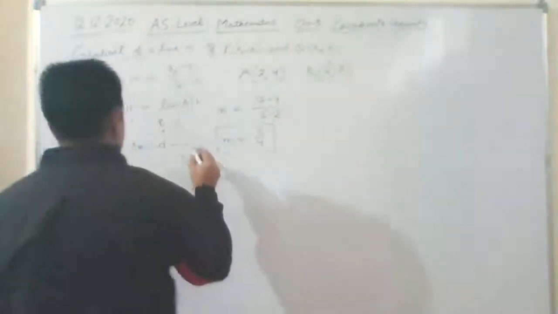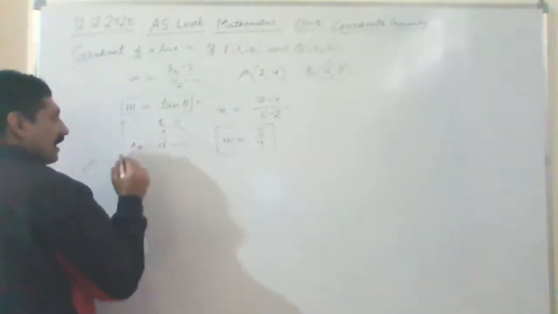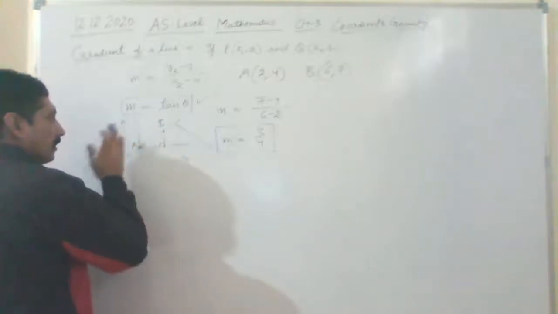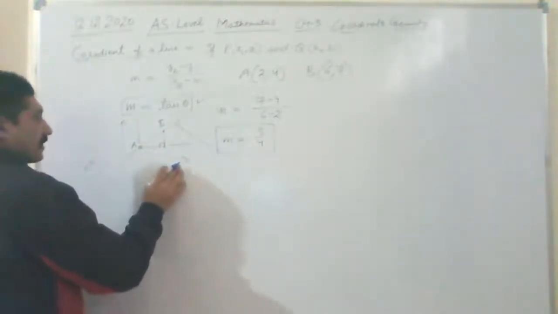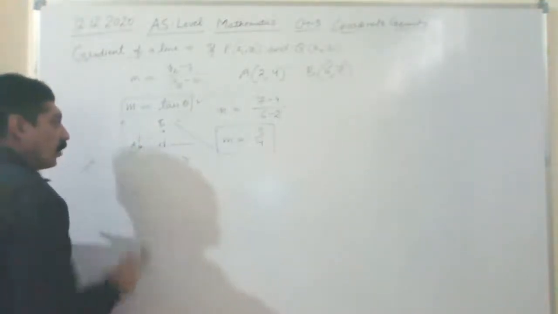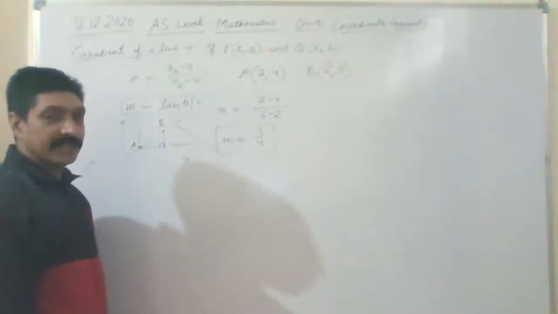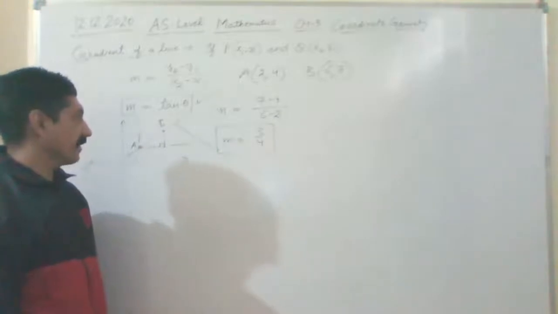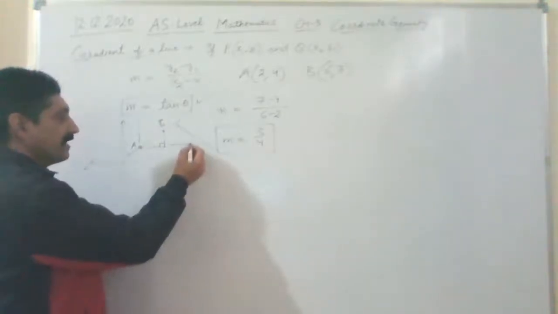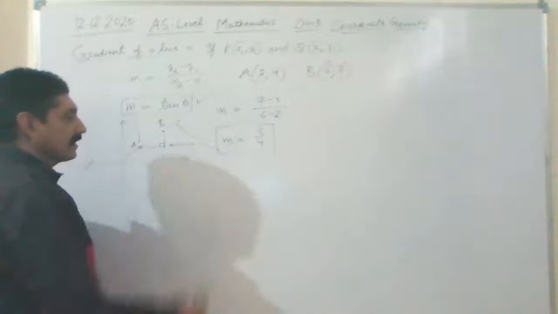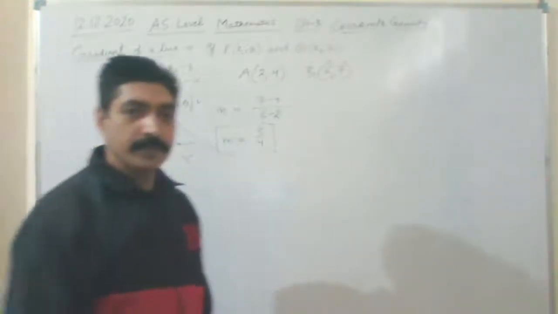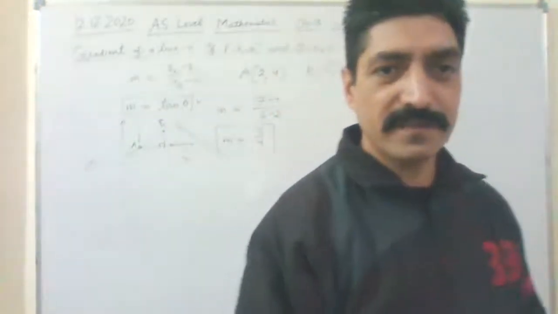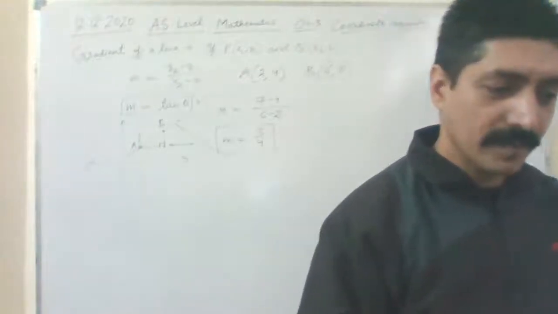Suppose this is a line perpendicular to the x-axis, then we say the slope or the gradient is infinite. And if the line is parallel to the x-axis, then it has zero slope. I hope it is clear because we have studied this in our previous classes also.